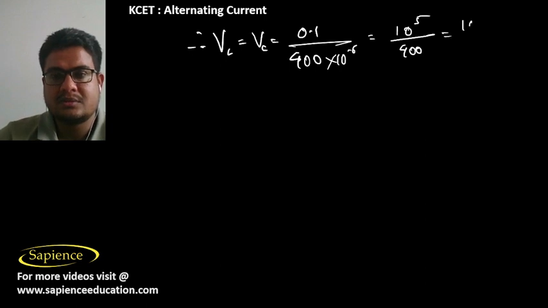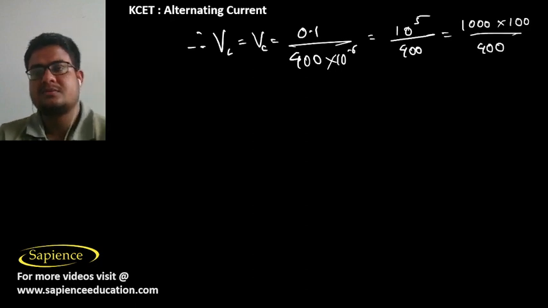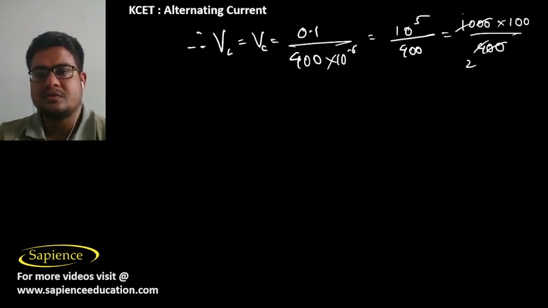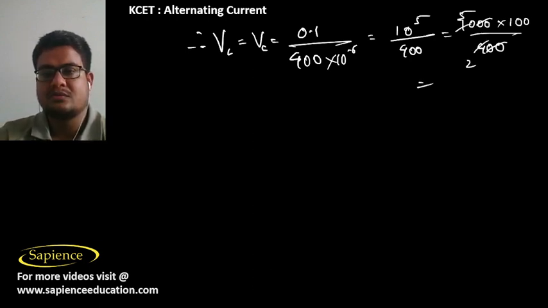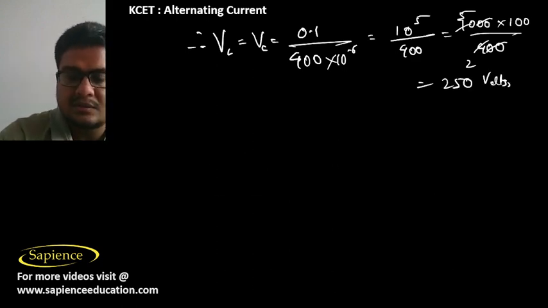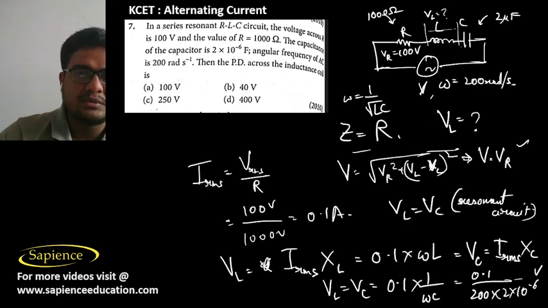This will be 1000, 200 by 400. The 0 will cancel out, 2 to the 4, 2 5 the 10, 2.5. So 2.5 into 100, that is 250. Option C is the correct answer.